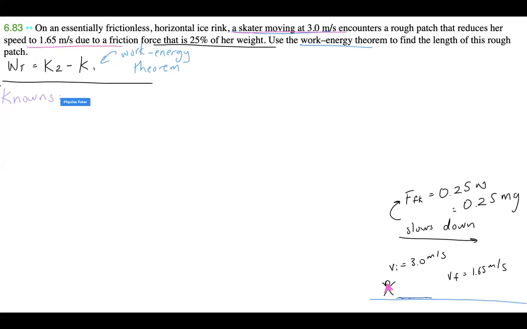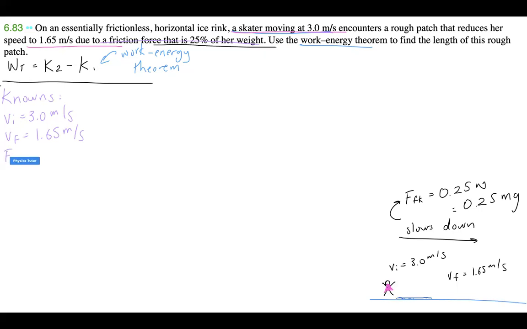And our knowns are, let's go back. So we said that VI was 3.0 meters per second. And then we have her speed reduced down to VF, which is 1.65 meters per second. And that's due to a friction force that is 25% of her weight.